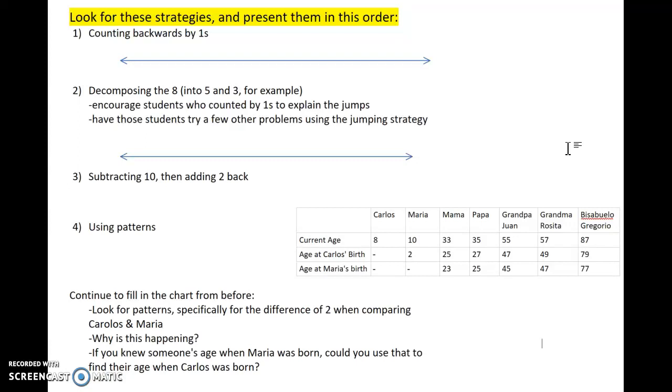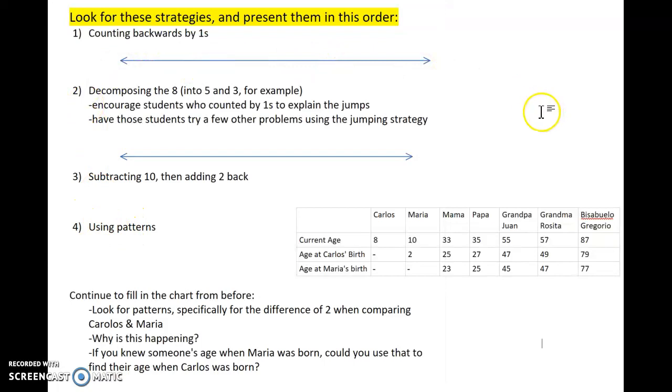Is that okay? And so then while they're working, they have a sense that that's coming down the line, and they're getting ready to prepare to present. Then you're looking for kids who are decomposing, and you put those guys second or third on the list. And if anyone's doing strategies 3 or 4, then add those to the list as well. But if not, don't worry. The lesson will build up to those ideas.